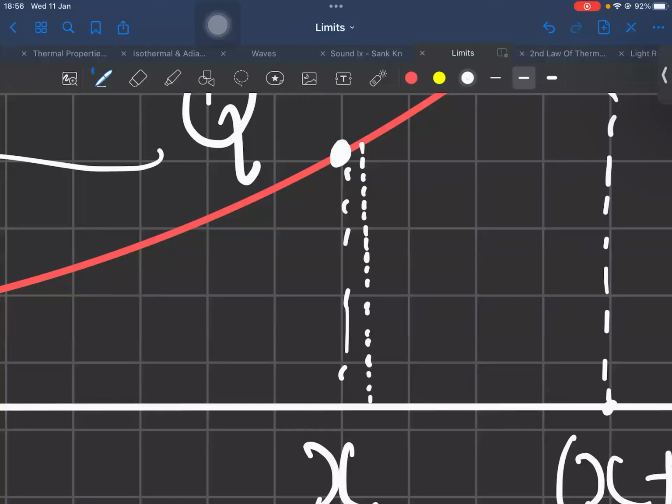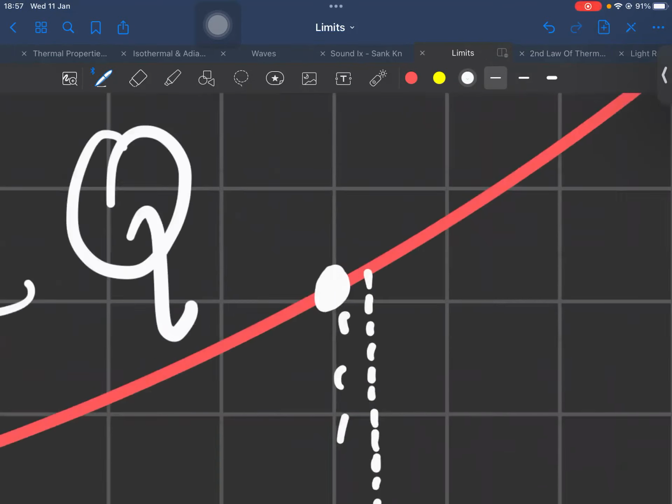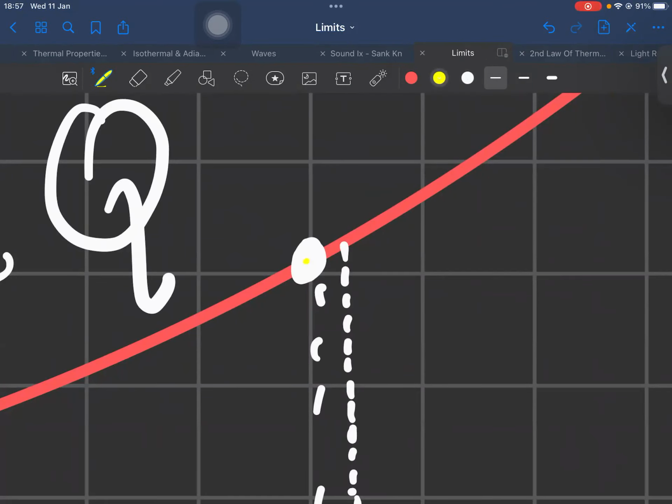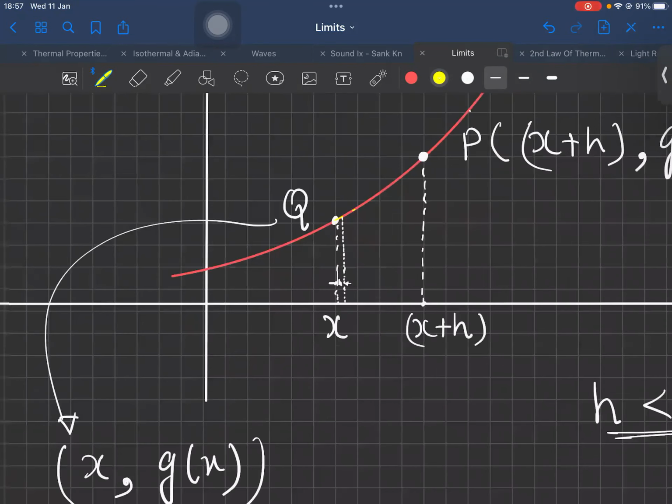It's not possible for me to draw this on the tablet, but let's say this is your h. You see h is getting smaller, the two points are coming closer to each other, and it will become a straight line. If the two points are very close to each other, it will be a straight line, right?